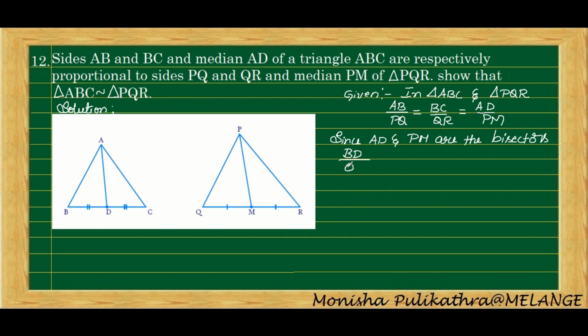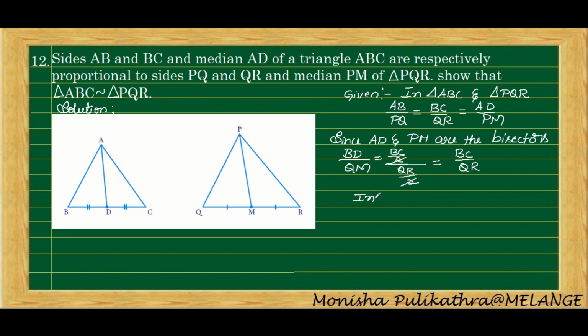So this BD by QM. If this bisector divides into equal halves, BD will be equal to BC by 2. That is, it is exactly half of BC, and QM is exactly half of QR, so QR by 2. So if 2 gets cancelled, BD by QM is also equal to BC by QR.